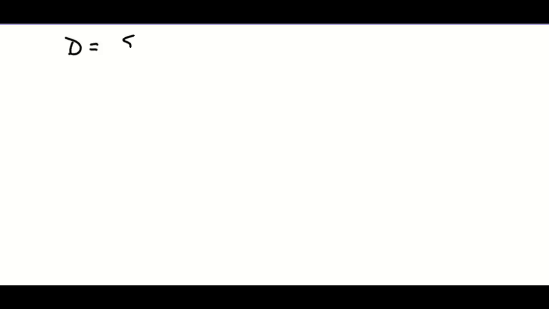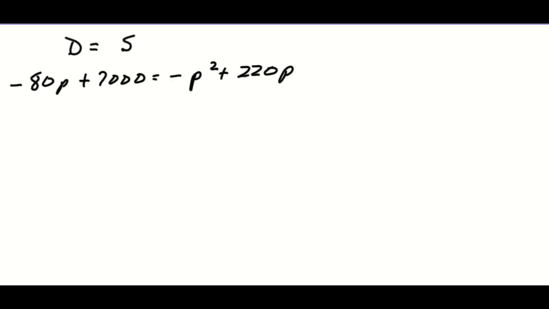We want that demand to be equal to supply. And demand is represented by minus 80p plus 7,000 equals negative p squared plus 220p minus 8,000. What we want to do, though, is get everything on one side.